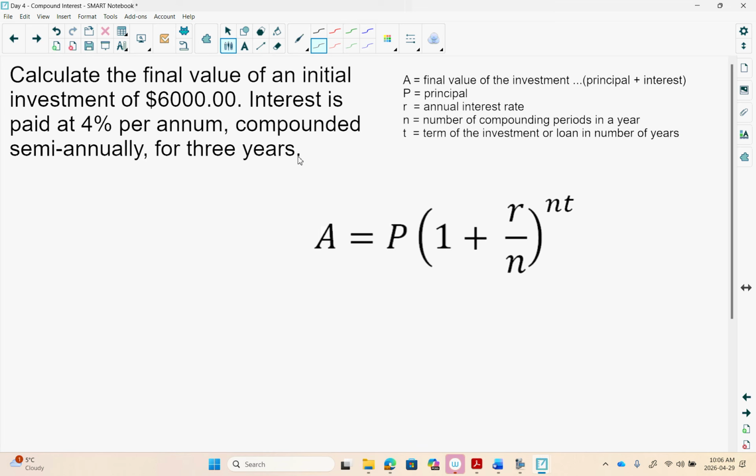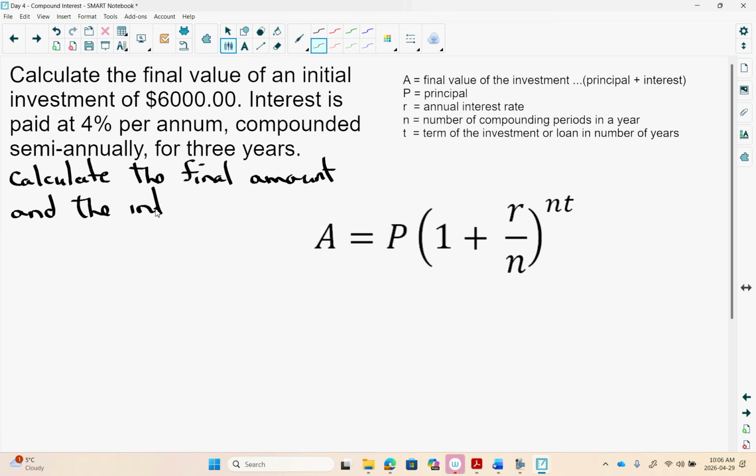So wherever it says for 3 years, after the period, say calculate the final amount and the interest. And this would be interest earned because it's an investment.